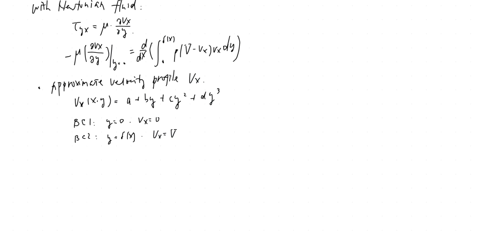Boundary condition 3 is something we just discussed: right on the boundary, there's no shear stress. No shear stress means no shear rate, so partial Vx partial y equal to 0.